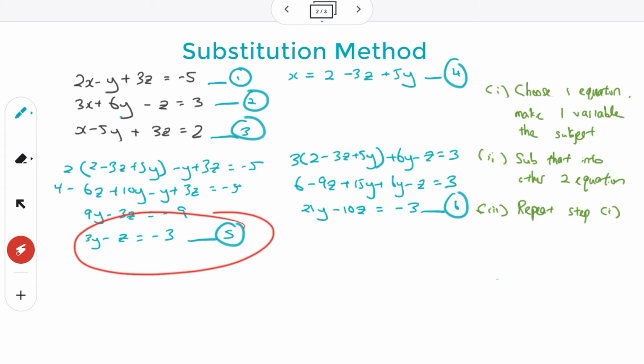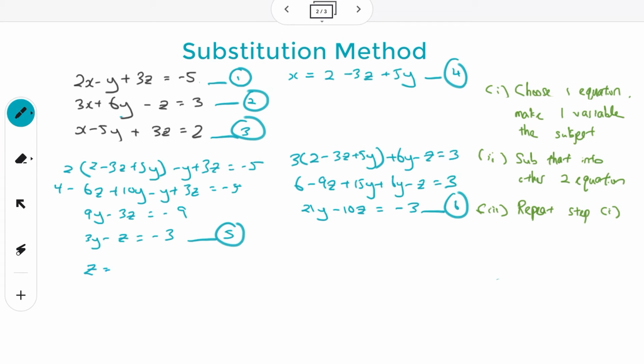So I'm going to choose number 5 because there's a z here that we can easily use. So I'm going to take z and I'm going to let that be equal to 3y plus 3.